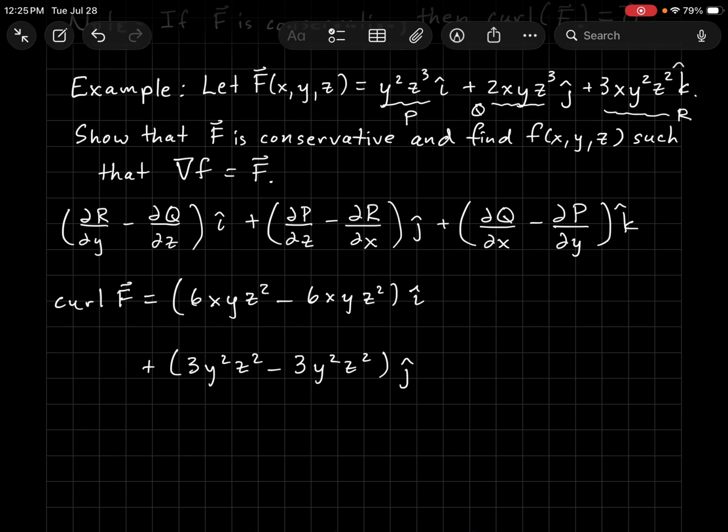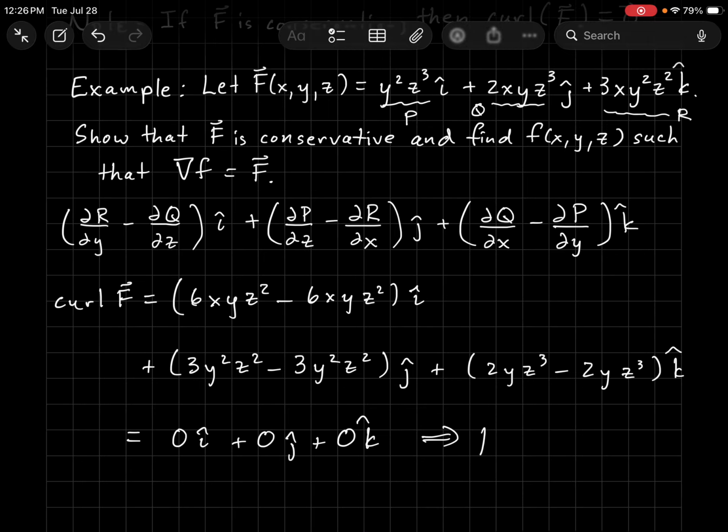And then j. And then finally the k part plus partial of q with respect to x, so 2yz cubed, minus the partial of p with respect to y, 2yz cubed. And notice that we get 0i plus 0j plus 0k, which shows that f is conservative.